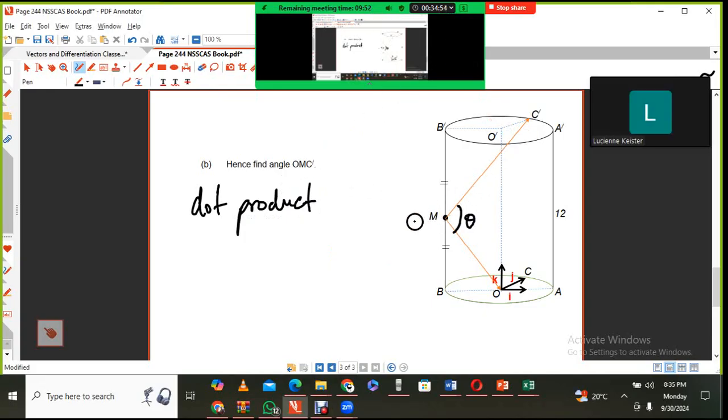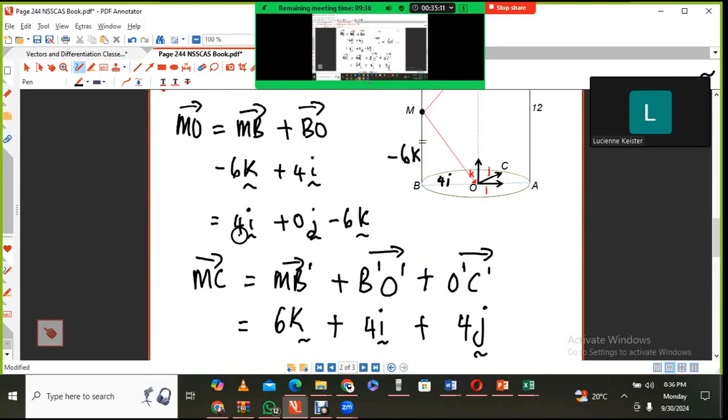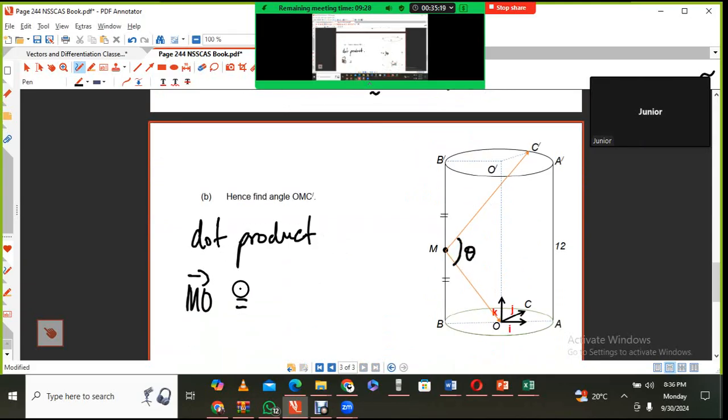To find that angle, we first have to determine what is MO. We have calculated it before. Could you tell me? Now give it to me as a vector. It's 4, 0, -6.